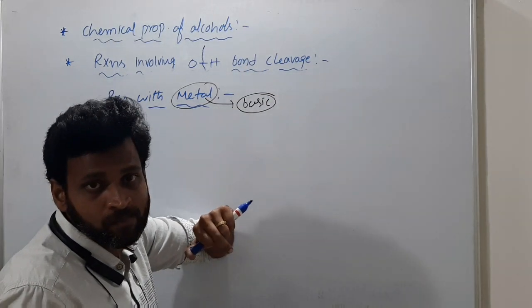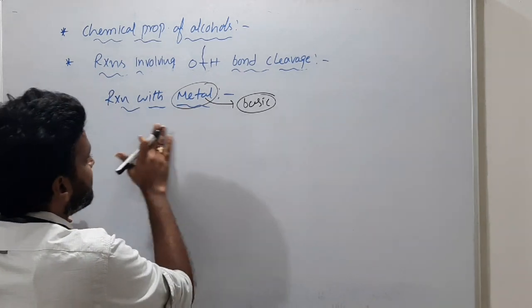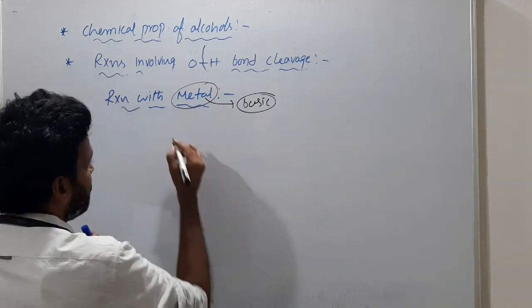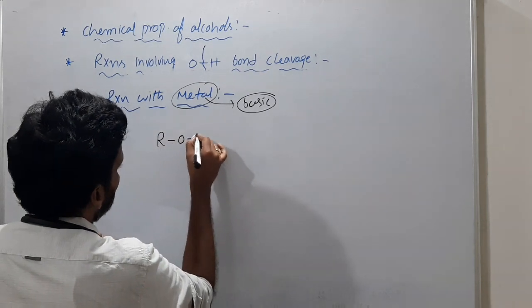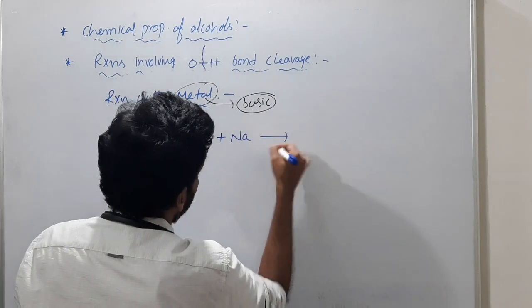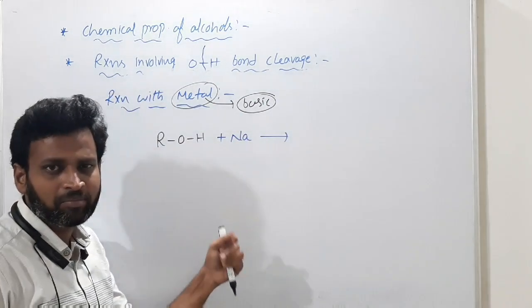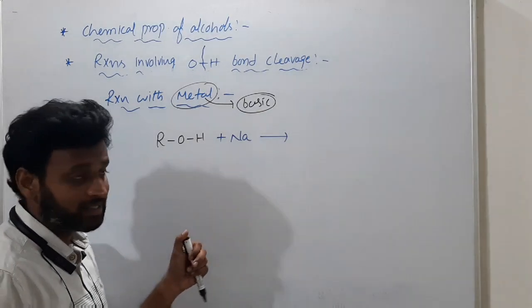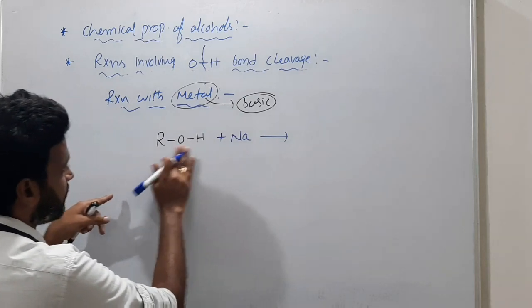So metals can replace hydrogen. Suppose I am taking ROH and treating it with sodium. Sodium, potassium, mainly alkali metals are highly reactive, they can easily replace hydrogen. Or alkaline earth metals also.